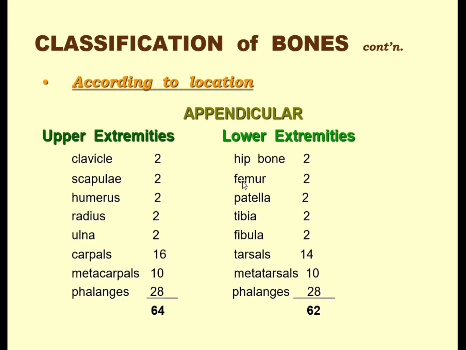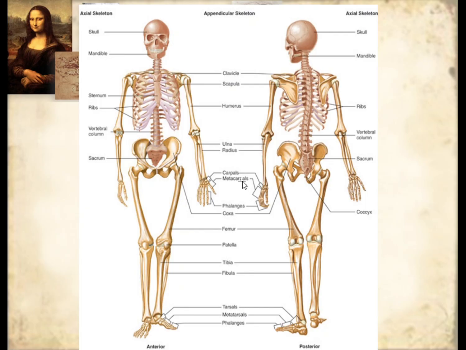So the total here is 62. In the upper extremities 64 bones are present, and in the lower extremities 62, so the total appendicular skeletal system has 126 bones.